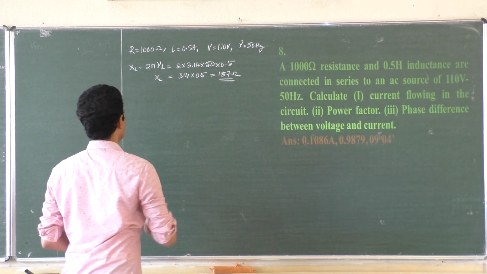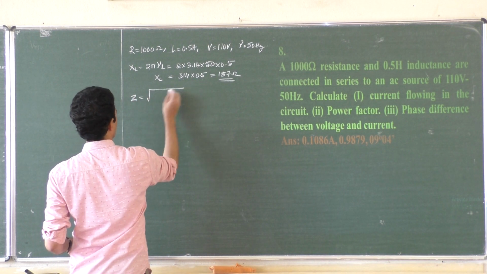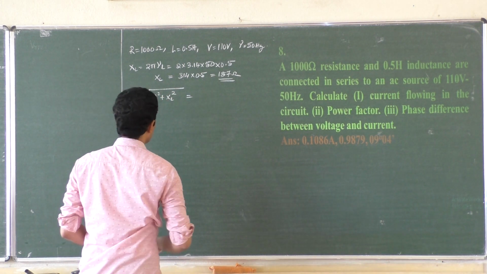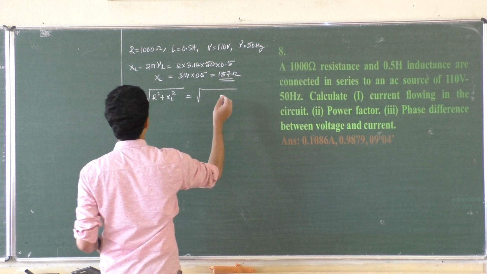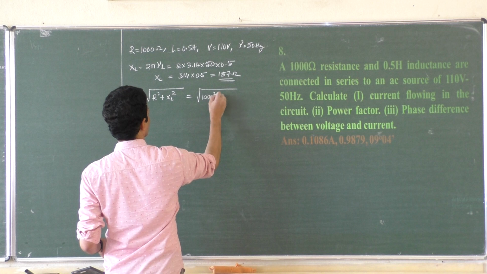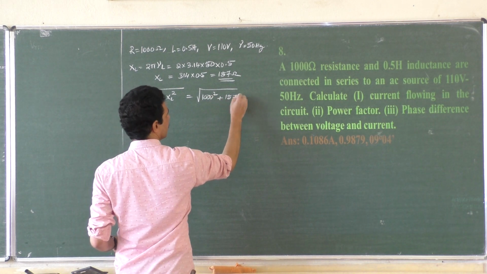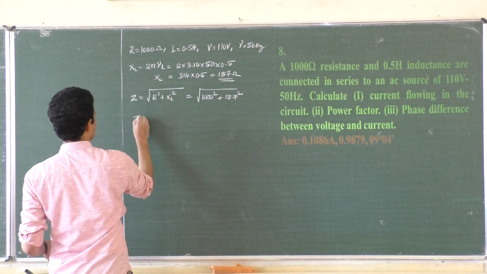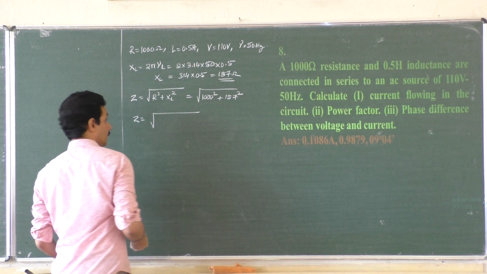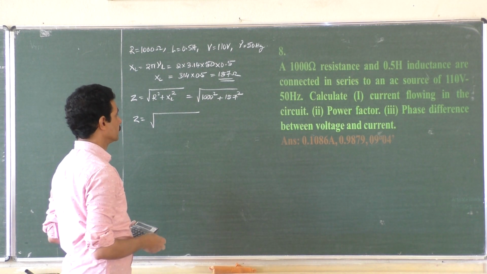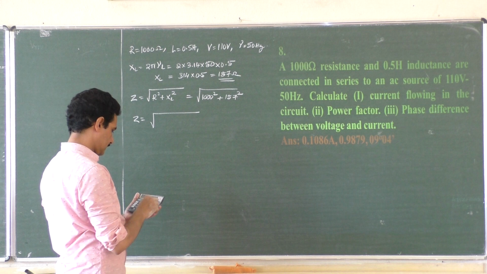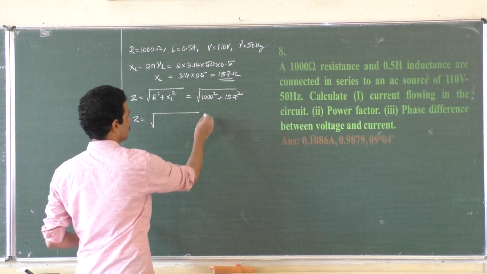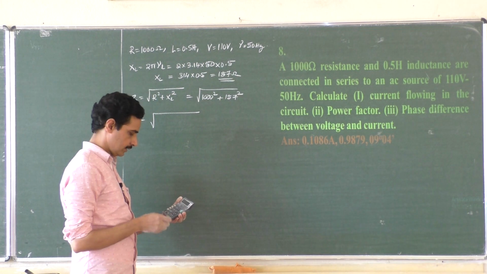Now, what is Z? Z is equal to root of R square plus XL minus XC whole square, or XC minus XL whole square. It is only XL, so root of R square, 1000 square, plus 157 square. 1000 square is 10 to the power 6, and 157 into 157 is equal to this much.